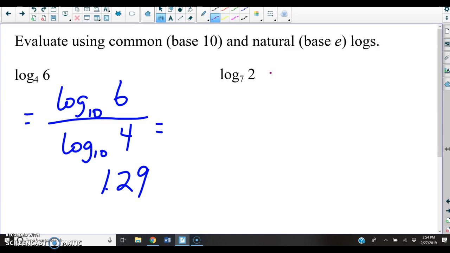This one would become the log of 2 over the log of 7. So the big number still goes on the top, the little number goes to the bottom. And you should expect a number less than 1, correct?